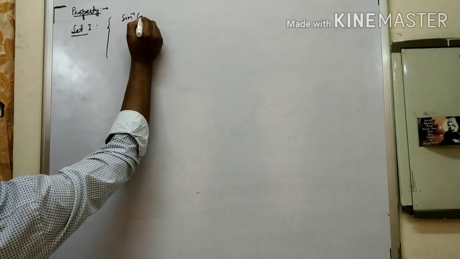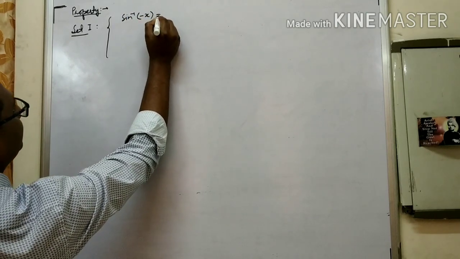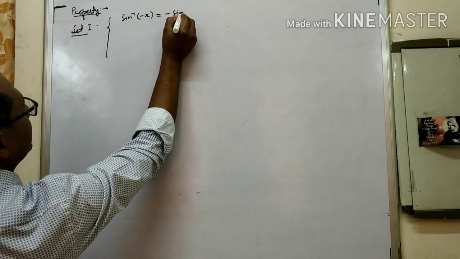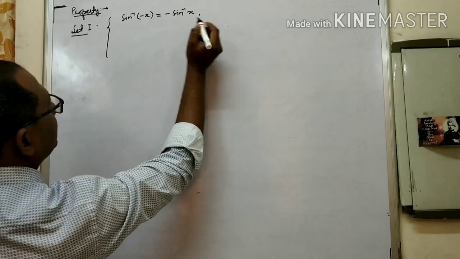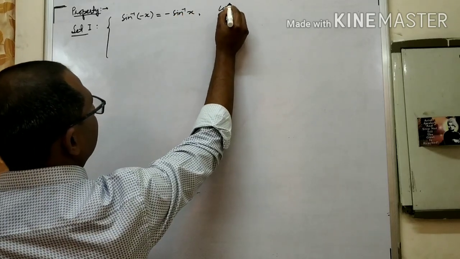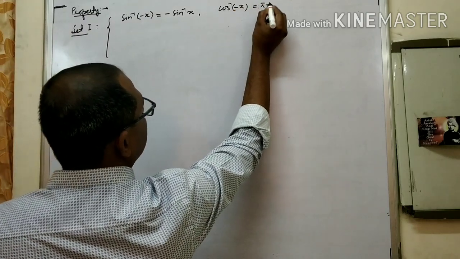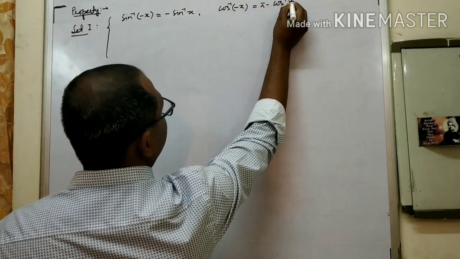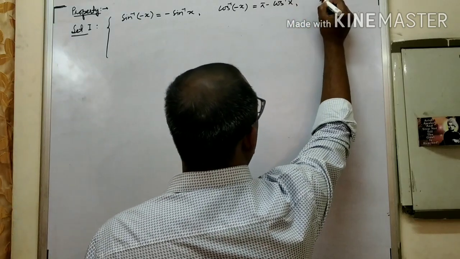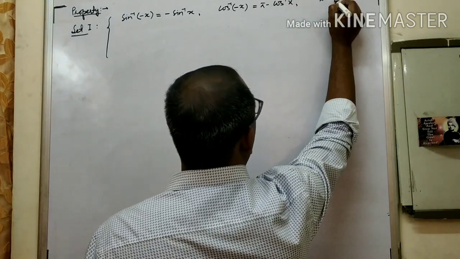Sine inverse of minus x is minus sine inverse of x. Cos inverse of minus x is pi minus cos inverse of x. These both are true for all x belonging to minus 1 to 1.